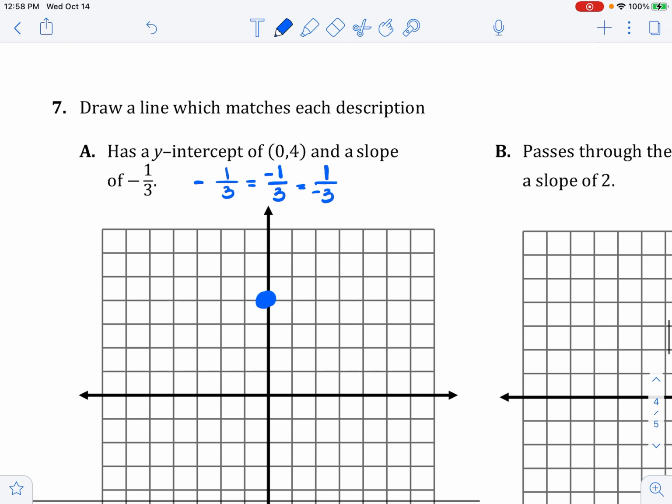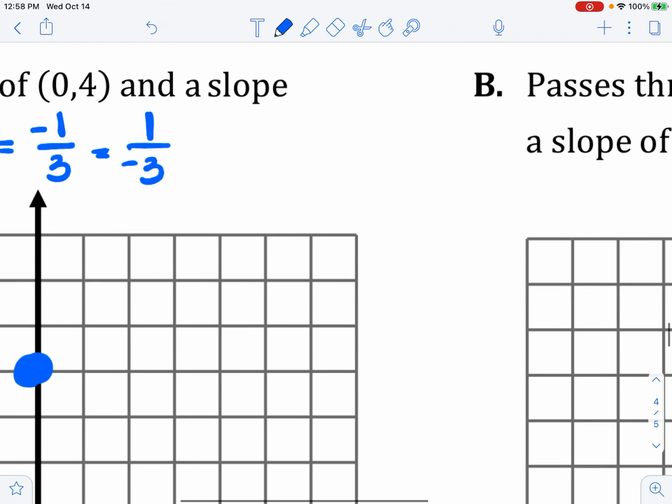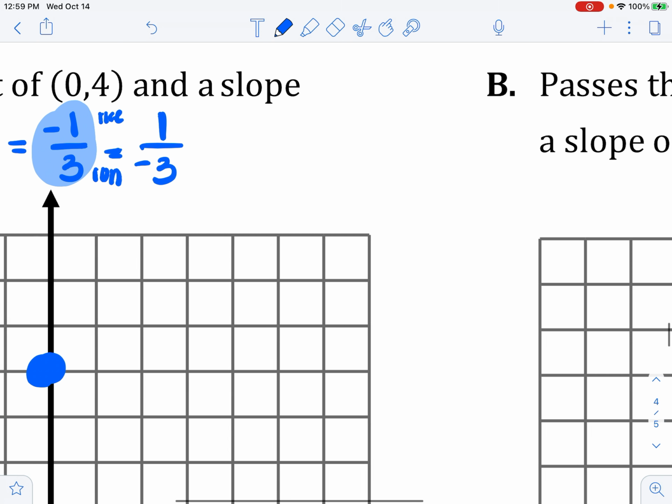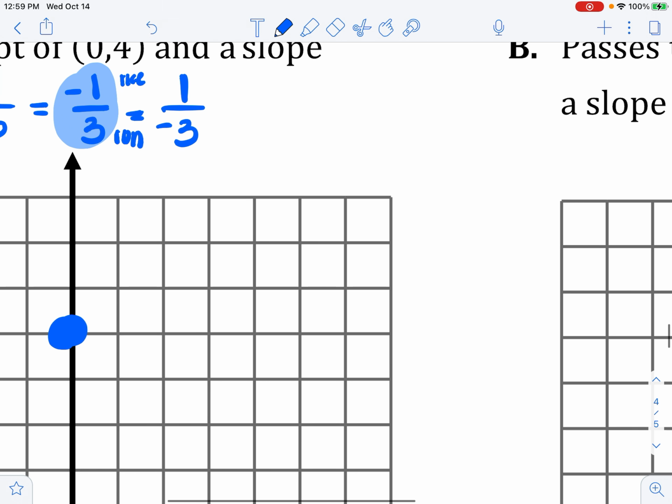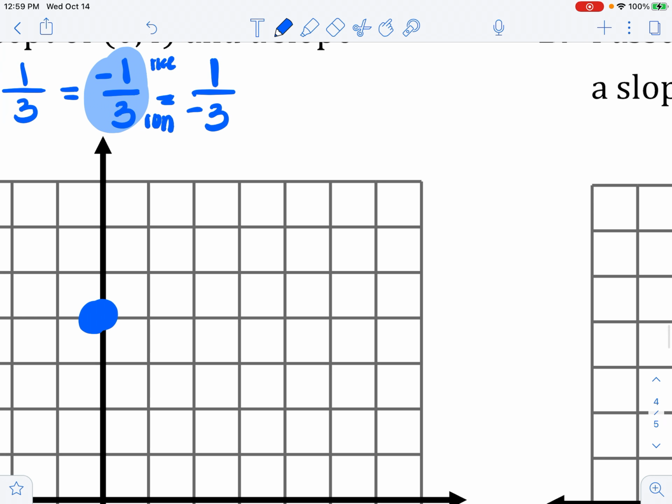The reason that it's important to know that is that when I type it in MathType, it's going to look like this. You have to know it's the same as these other two right here. So let's start this first one right here. Remember, this is rise, this is run. So you're going to rise negative 1. That means you're going to go down 1. And then you're going to run positive 3. So that's to the right 3. Down 1, to the right 3.